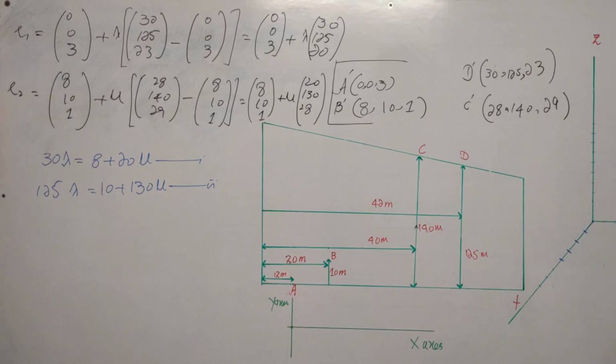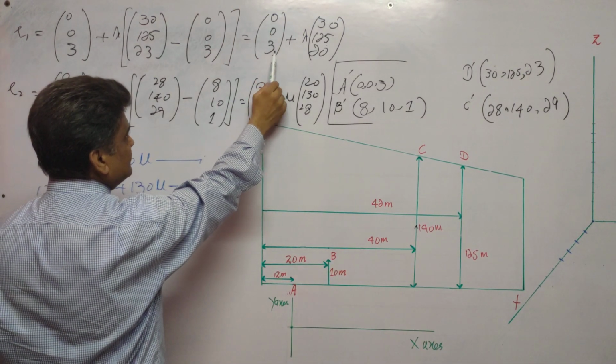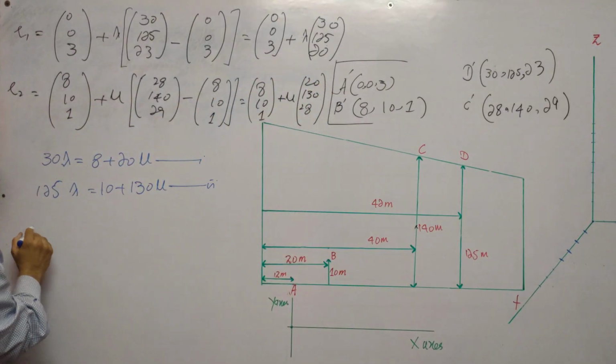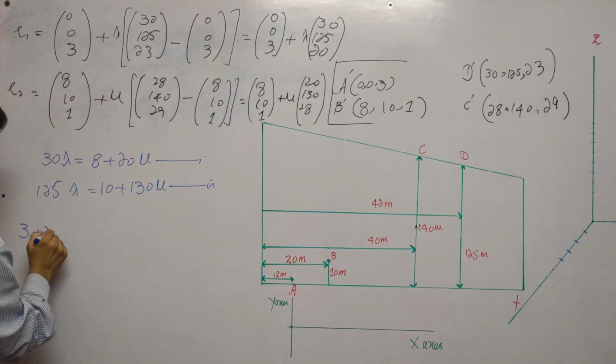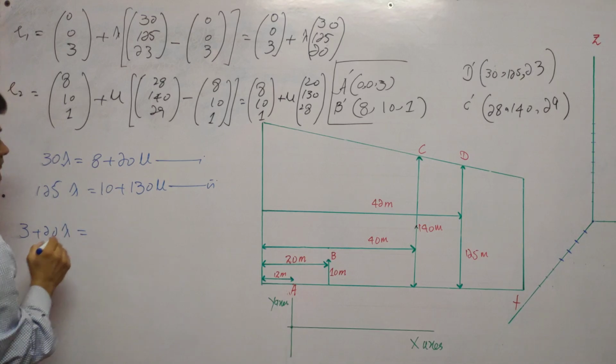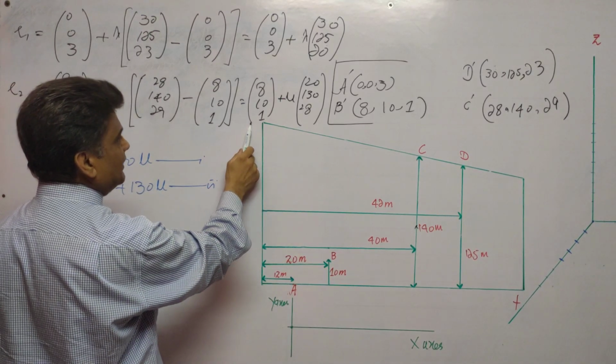Third, 3 plus 20 lambda is equal to 1 plus 28 mu.